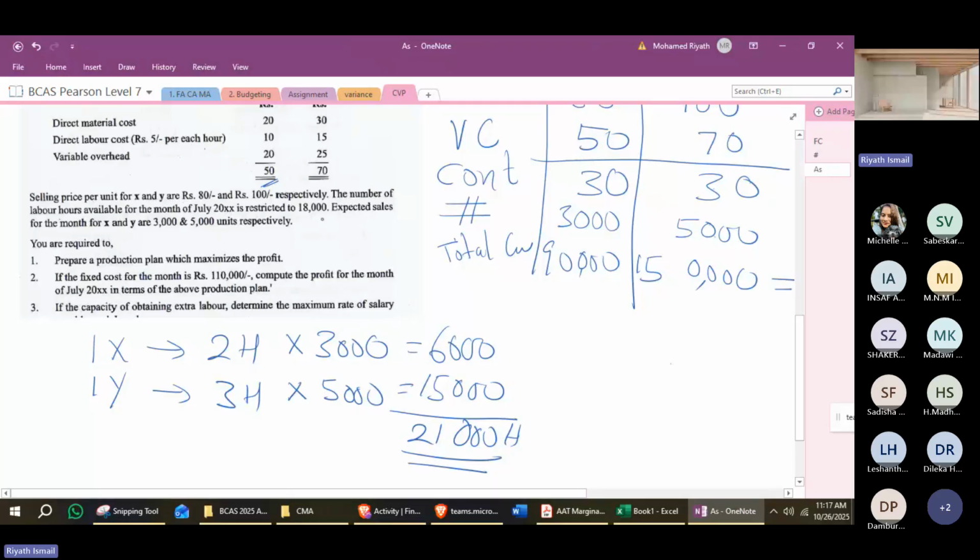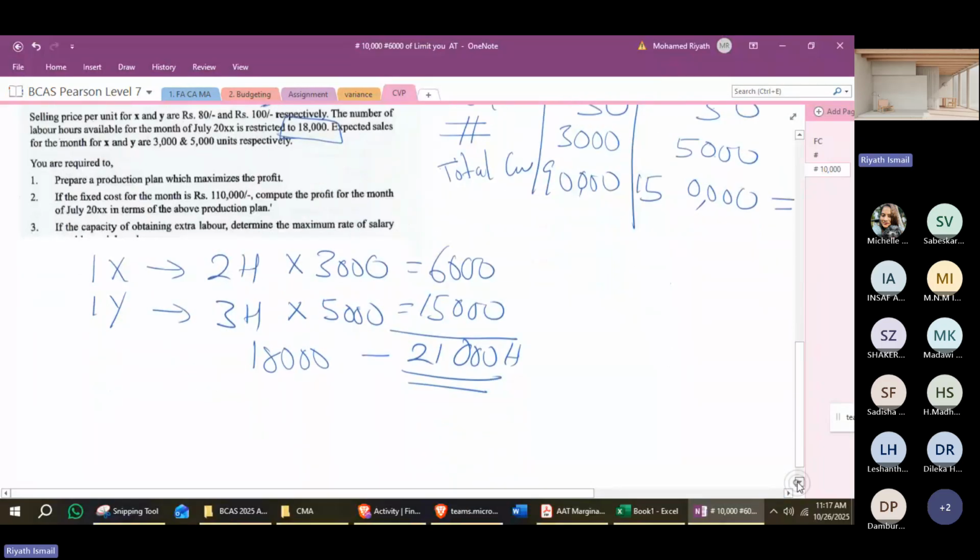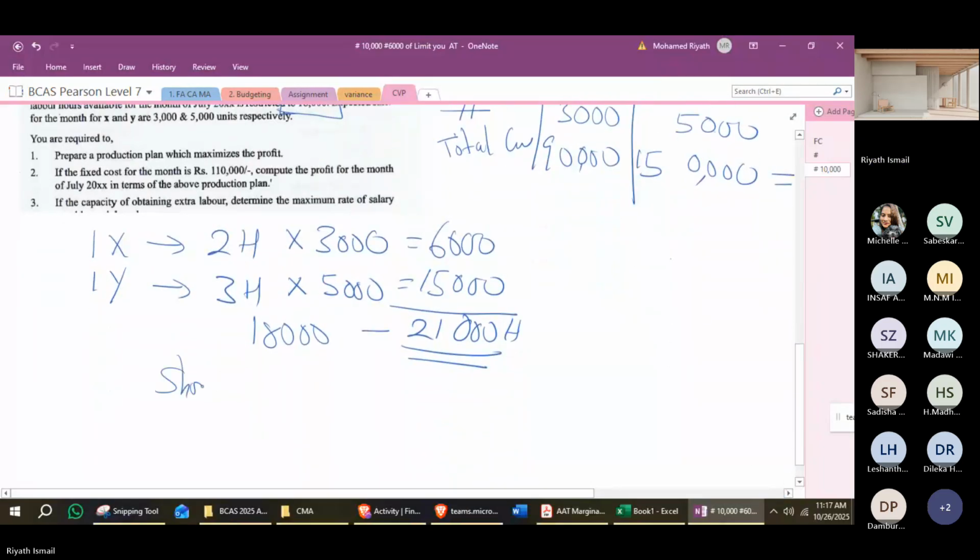The available labor hours are only 18,000. So the shortage is 3,000 hours.